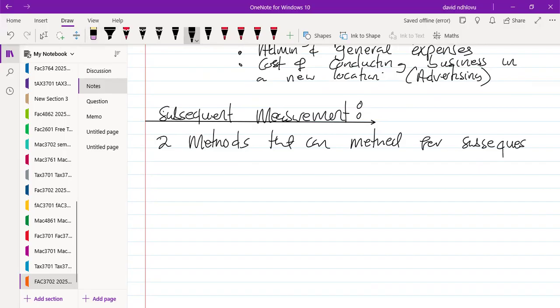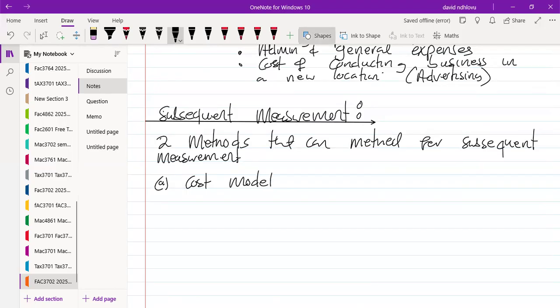Which are the two methods, good people? Number one, the cost model.